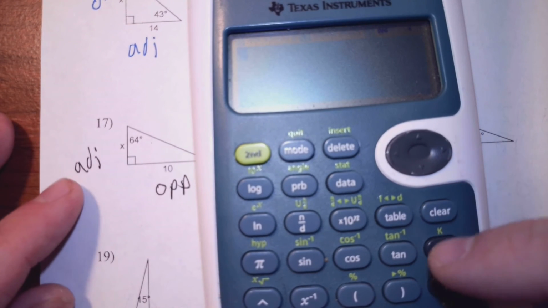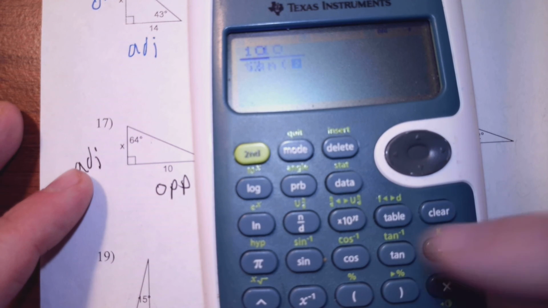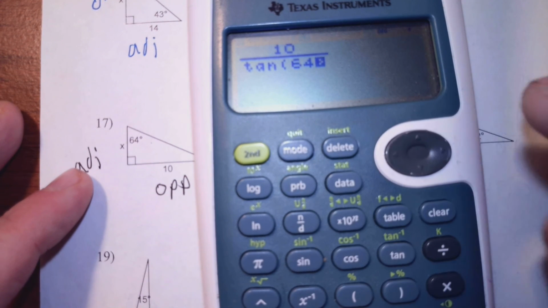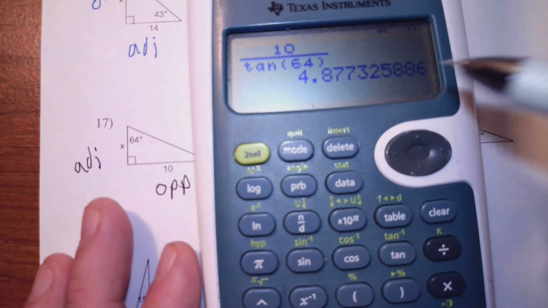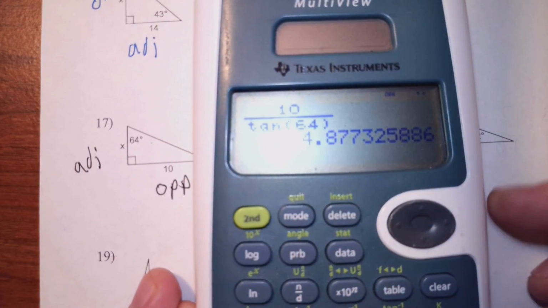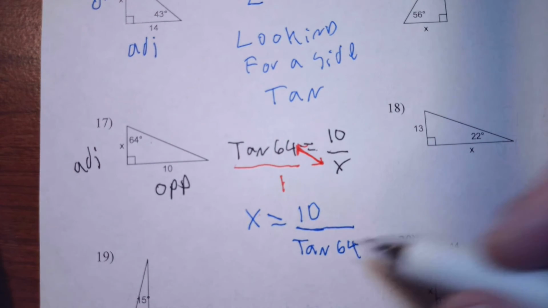So I'm just going to do that. 10 tangent 64. And we're going to get 4.8777. So we're going to round to the nearest tenth. So that would be 4.9. Make sure we're seeing that right. It's a little glary. All right. So that would be 4.9, and I'm done.